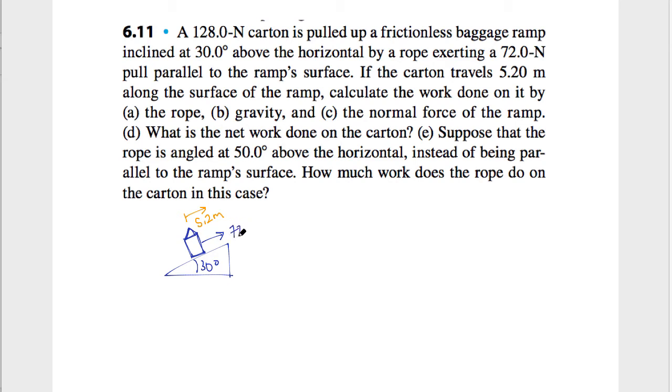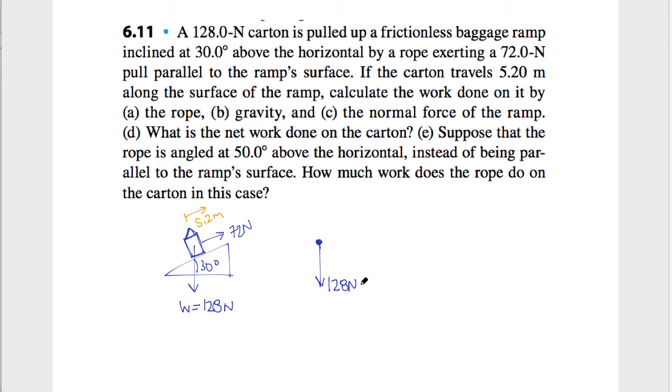So we have a 72 newton force. We also have a weight. Let me make this a little straighter. So we have a weight of 128 newtons. And this right here is my force diagram. So I'm going to resketch this really quickly as a free body diagram. So I have 128 newtons acting downward.